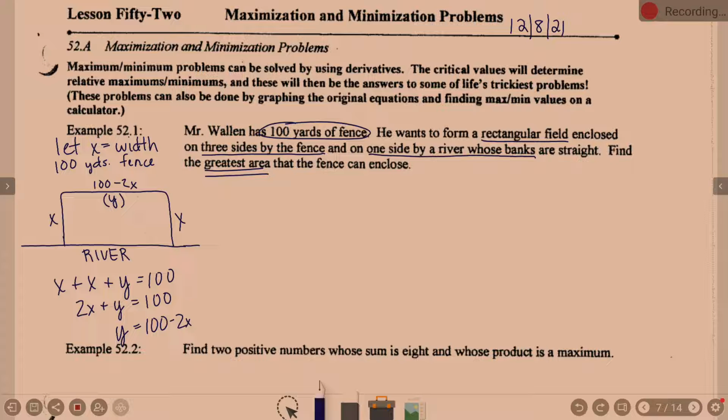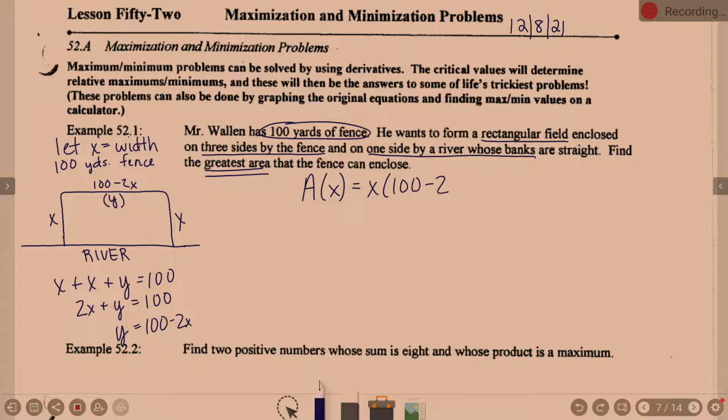Okay, so we're trying to maximize area. So I'm going to set this up. I'm going to say A of x, just to be formal. If you just want to say A, you could say A. And that area, in terms of x, how am I going to write the area? x times 100 minus 2x.